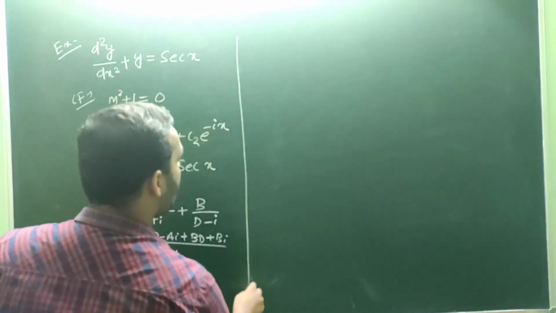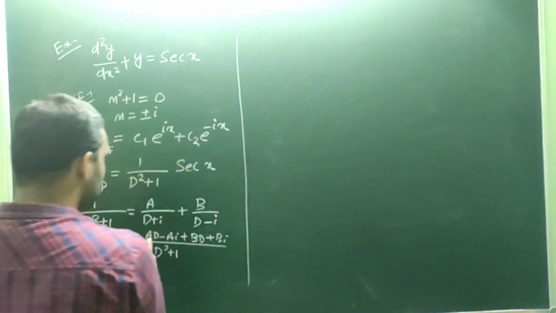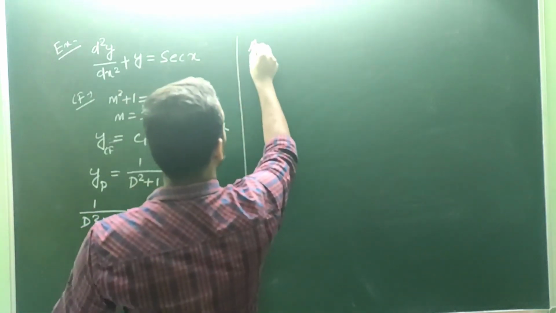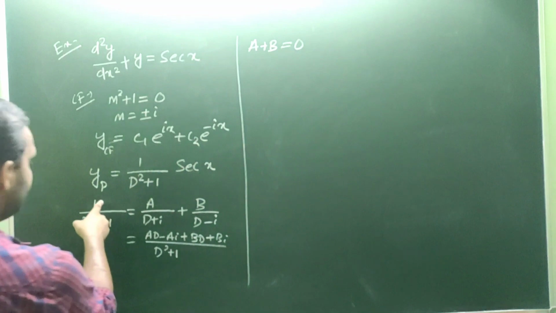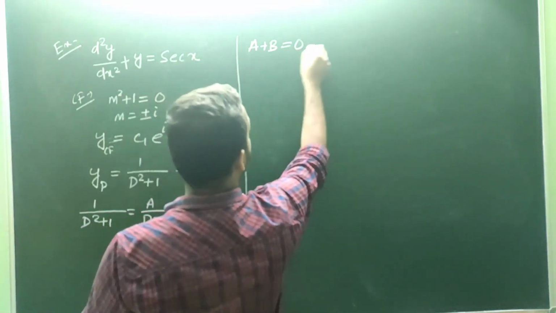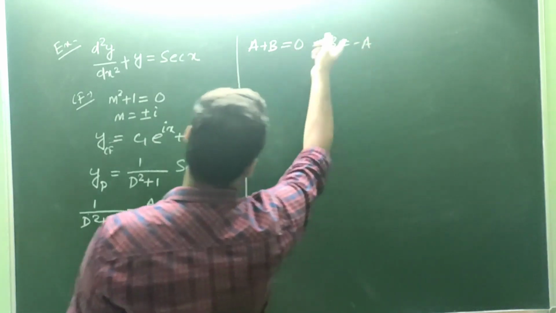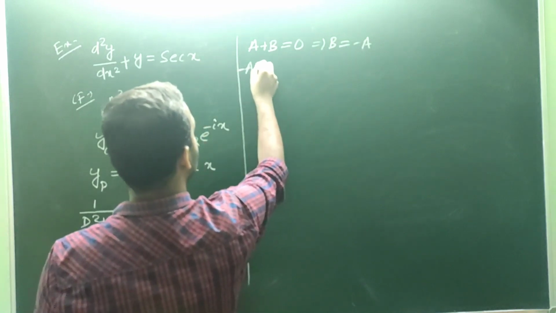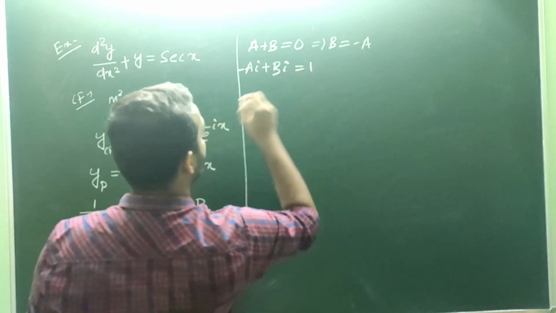So let me equate the coefficients of the different kinds of d terms. If you take the term d, then this will be a plus b. So a plus b is equal to 0 because there is no d term on the left hand side. From this you can get b is equal to minus a, or a is equal to minus b. Then you get minus ai plus bi is equal to 1.